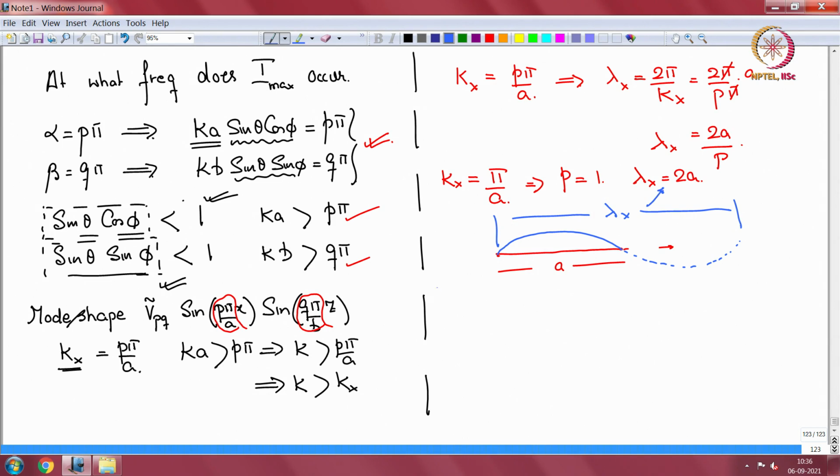So, which means p or q are the number of half cycles. So, there is one half cycle on the panel, that is why p is equal to 1.